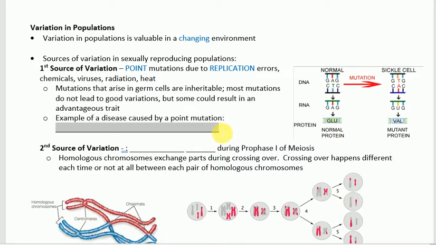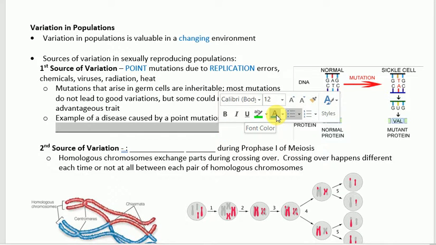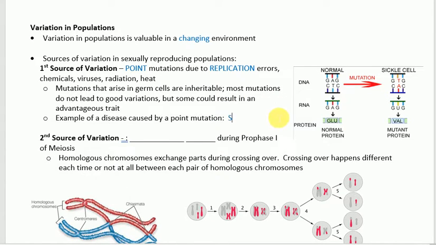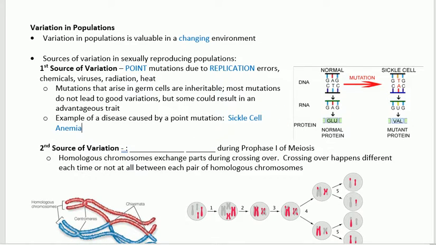An example of a disease caused by a point mutation is sickle cell anemia. So over here in this image, we have sickle cell anemia. Basically, all that's happening is a single base gets changed during replication.